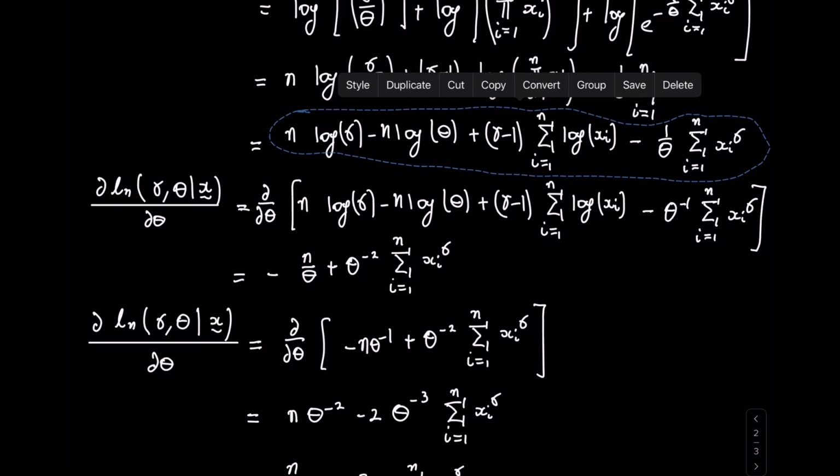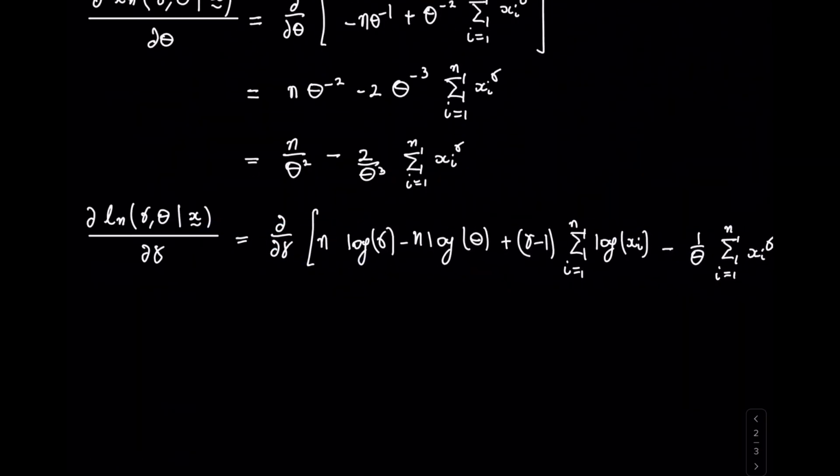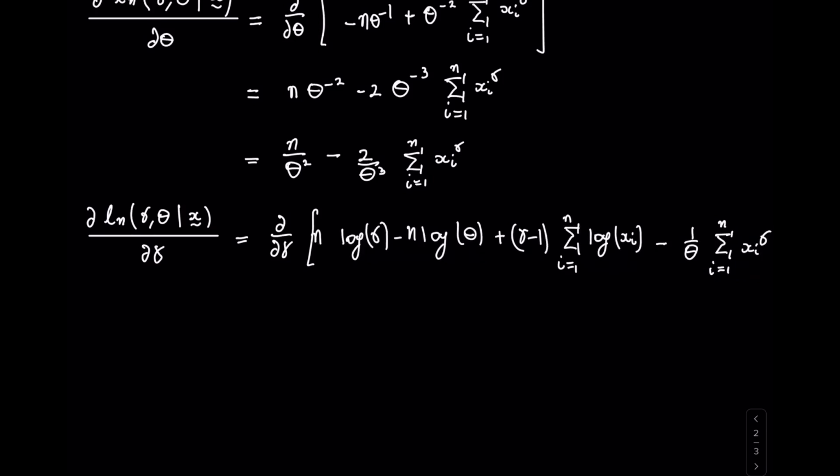Copy that down, and brilliant. Okay, I'm just going to rewrite it so it all fits on the screen. For the first term here, it does depend on gamma, and in fact we know the derivative of log is 1 on the inner function, so that becomes n on gamma, quite simply.